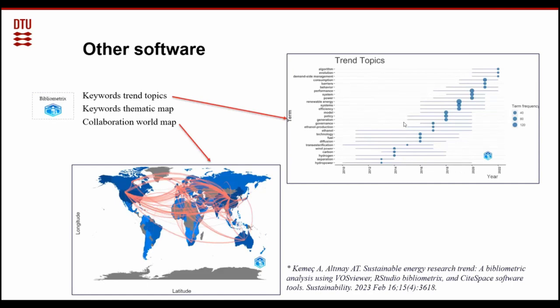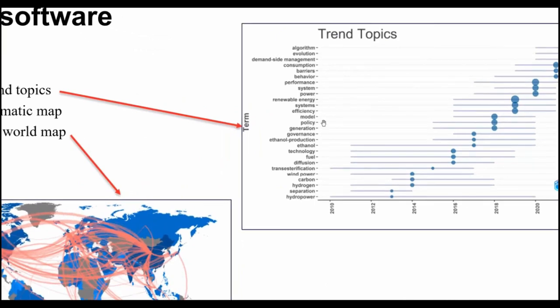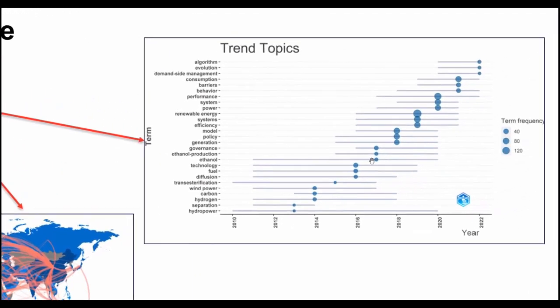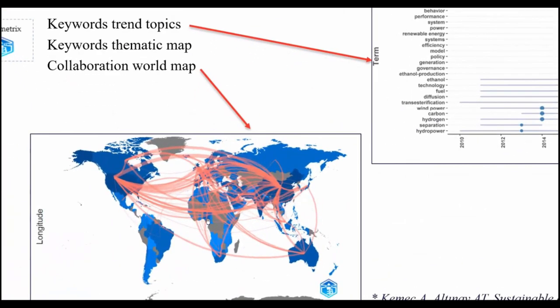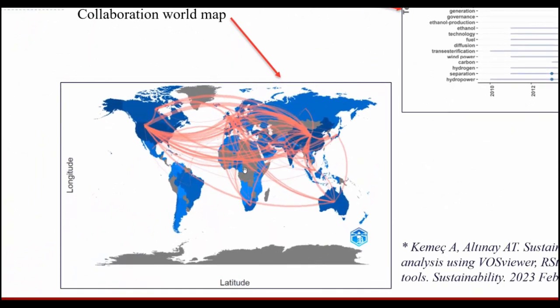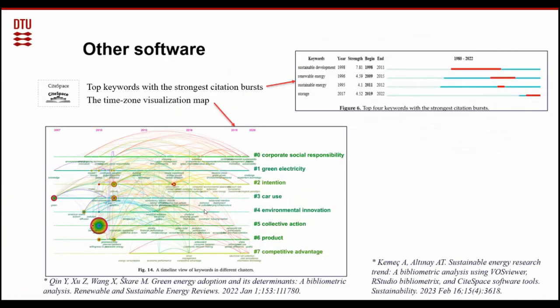That means the trend of these keywords during the years, and the frequency of using them. You can generate this figure that shows the connection between countries. And with CiteSpace software, you can generate a more comprehensive figure. It's based on the connection between keywords and also during the years. They call it the time zone visualization map.